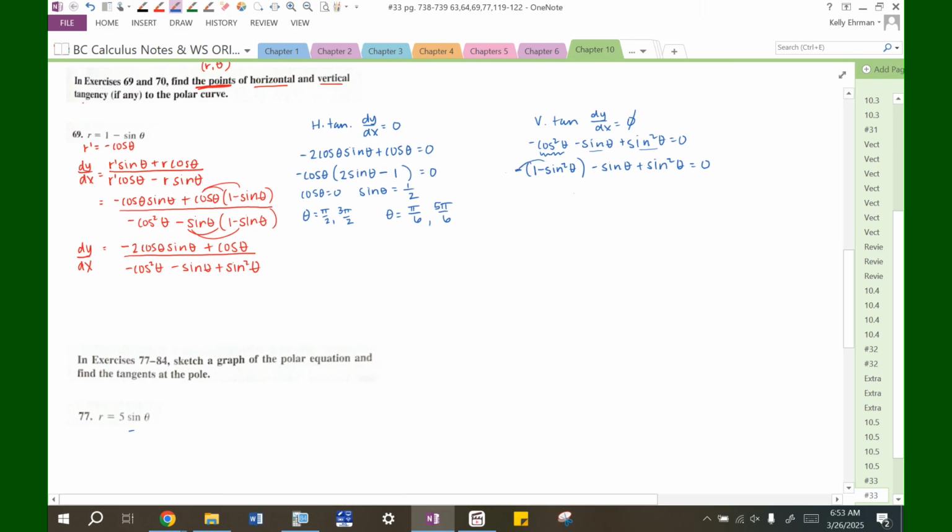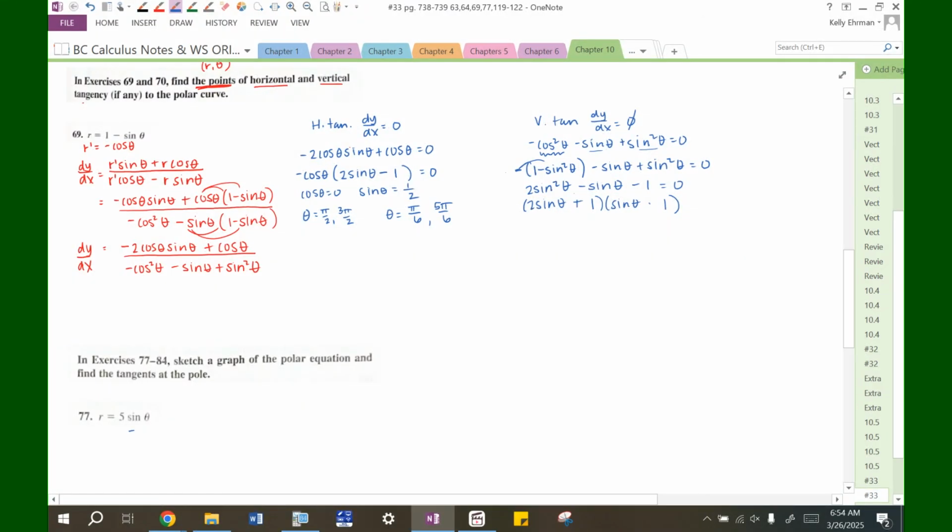So distribute this through. This is going to make plus sine squared plus another sine squared. So that's 2 sine squared minus sine minus 1 equals 0. This is a trinomial I can factor. The only way to break up 2 sine squared theta is 2 sine theta and sine theta. The only way to multiply to 1 is 1 and 1.